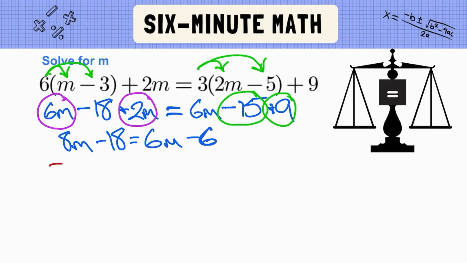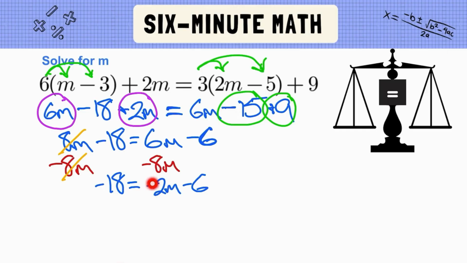I'm going to subtract 8m from both sides. Those cancel out, which puts my m's together on the right. And I have negative 18 equals 6m minus 8m is negative 2m minus 6.